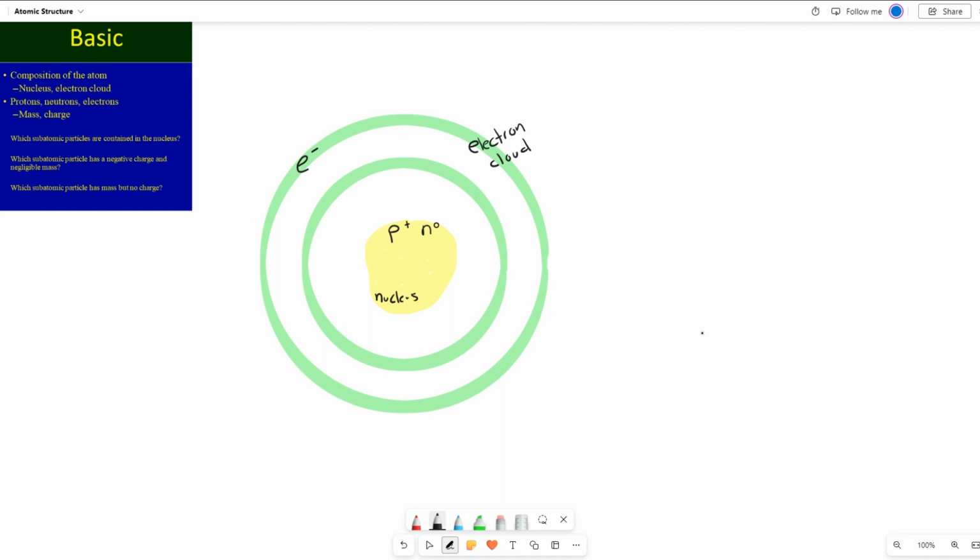Now, the nucleus, even though it's very small, contains 99% of the mass of an atom, but it only contains 1% of the space or volume.